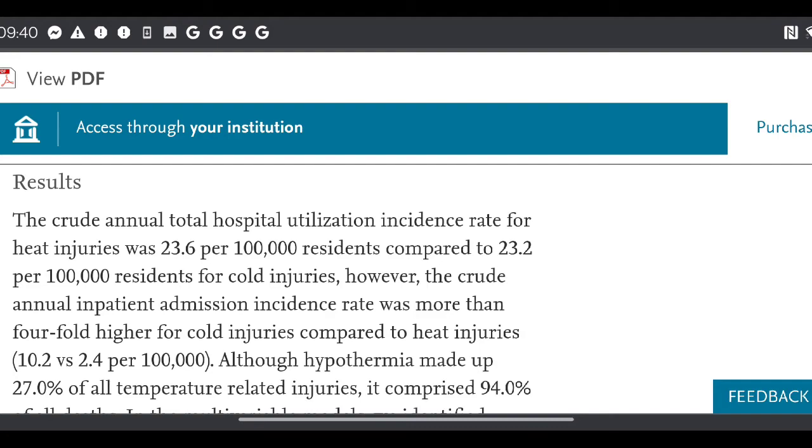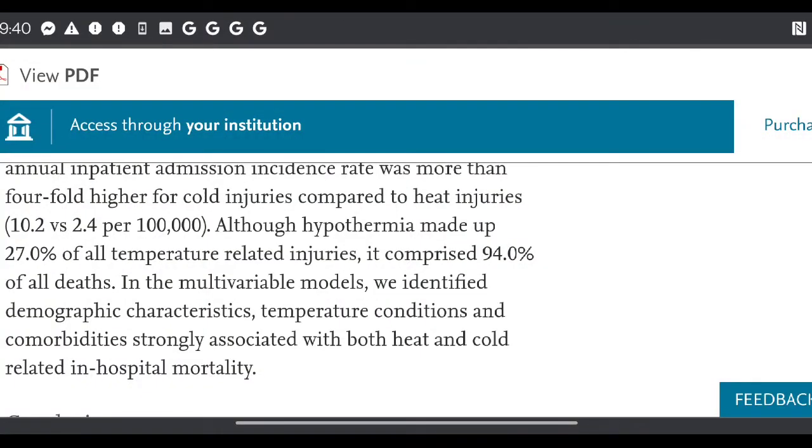However, the accrued annual inpatient admission incident rates was more than fourfold higher for cold injuries compared to heat injuries. There you go. Although hypothermia made up 27% of all temperature-related injuries, it comprised 94% of the deaths.